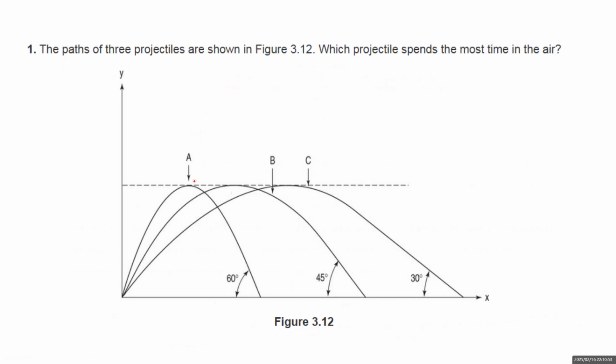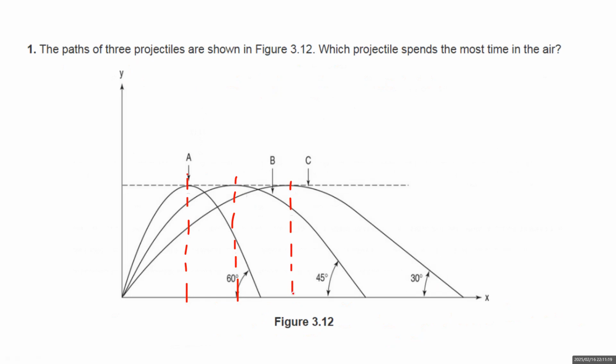Now let's look at this. You remember the equations are quadratic for this projectile motion. It's linear in the x, the horizontal, and it's quadratic in the y. So the whole thing is going to be quadratic.